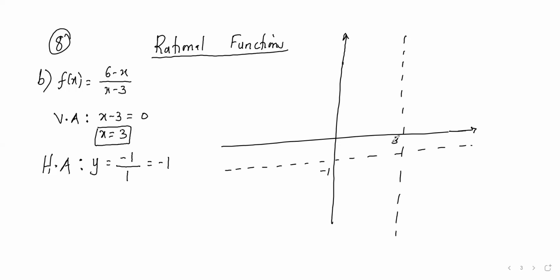So let's start with picking a number less than 3. Let's pick 0. So what is f of 0? f of 0 is 6 over negative 3, which is equal to negative 2. Negative 2 is below negative 1. So we're going to have the graph in this interval crossing at negative 2, because we have used 0, which gives the y-intercept.